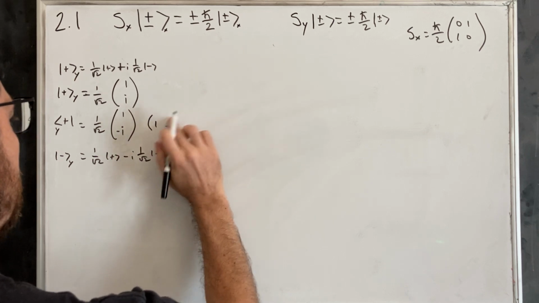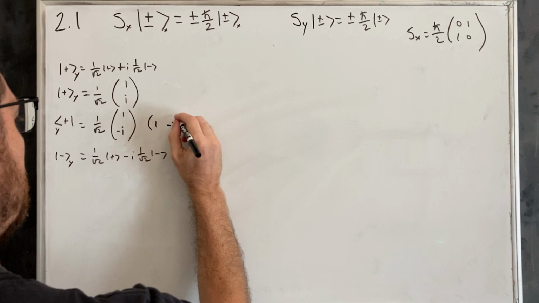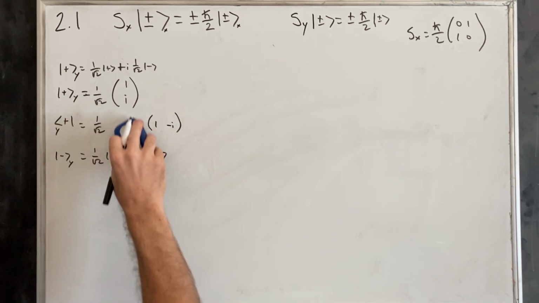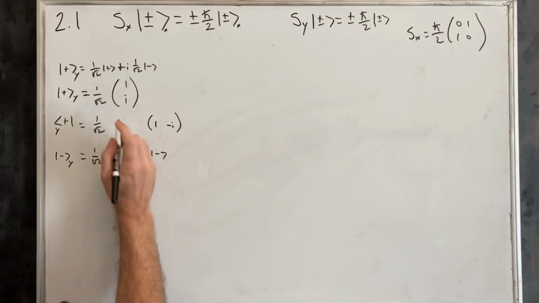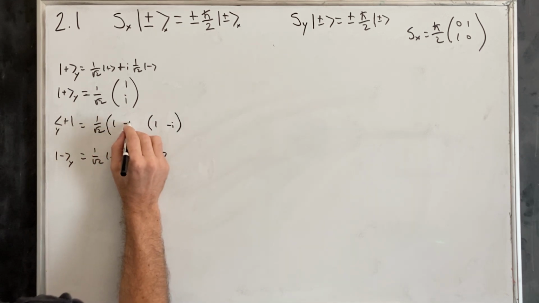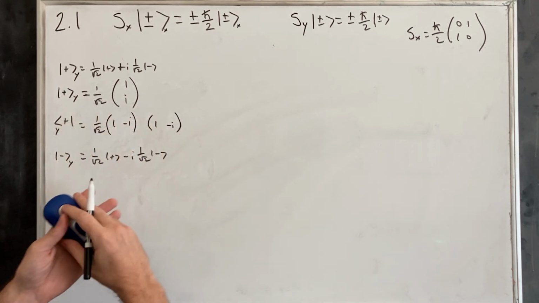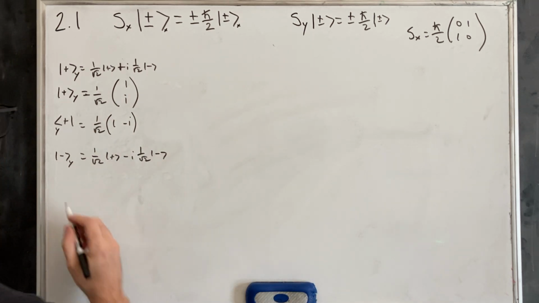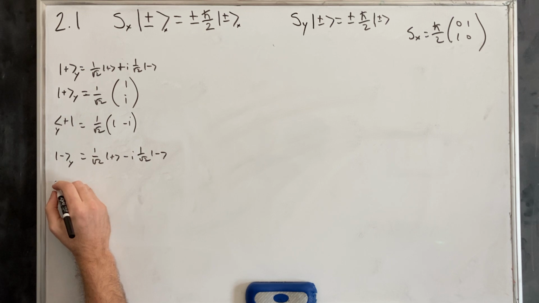So it's going to look like that. Okay, I'll move that over a little bit. 1 and negative i.